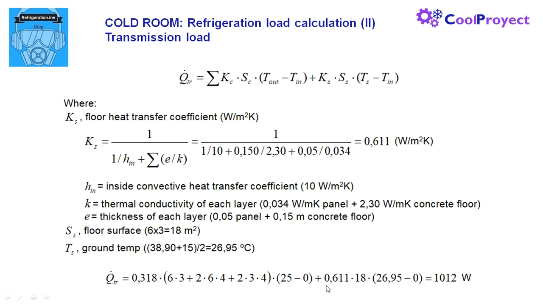Here we have K sub S for the floor. This is the floor surface, 18, and this is the temperature difference between the floor and the inside of the room. The calculation of that gives us 1012 watts, and this is the solution for the transmission thermal load.